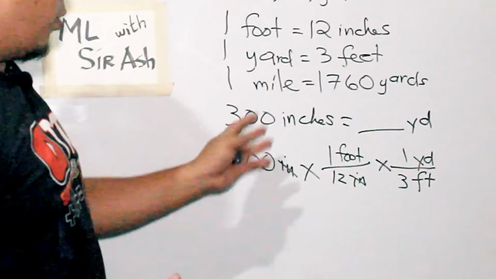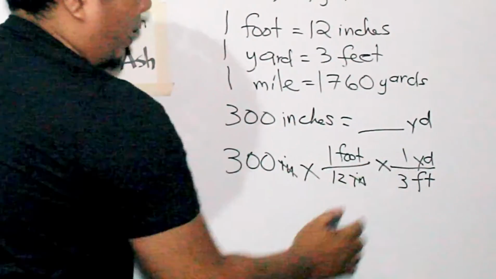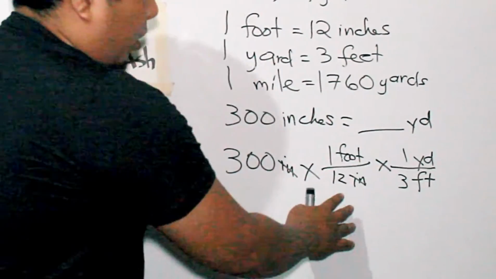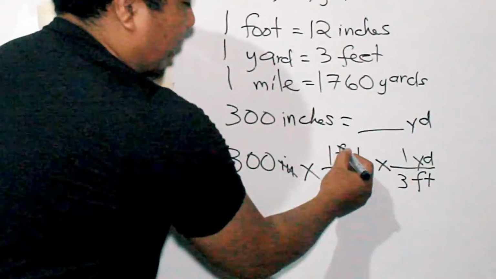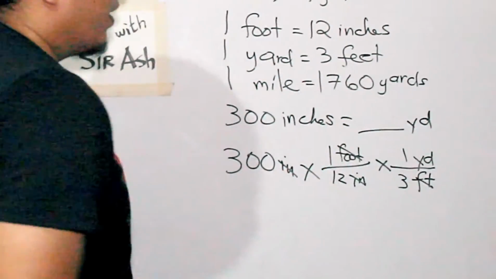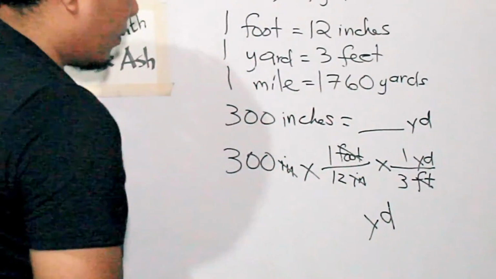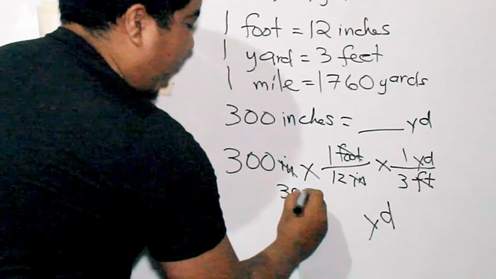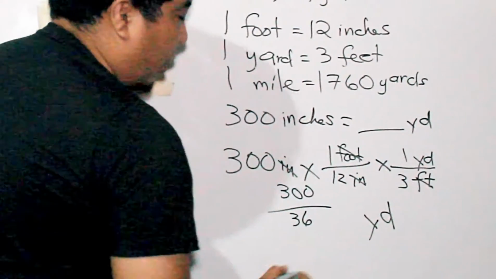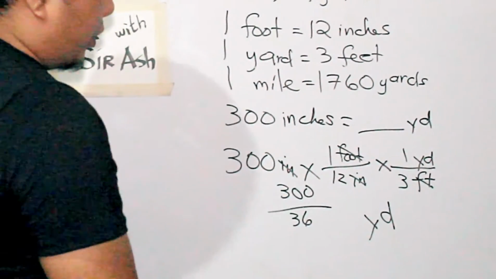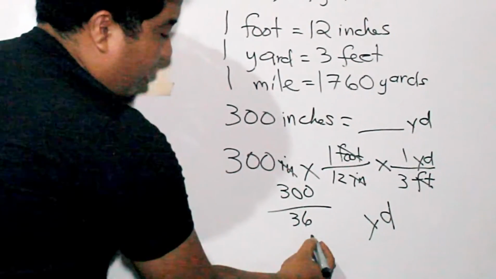That will give you 300 times 1 times 1 over 12 times 3. Basically, the foot and feet will be cancelled out, and you will have your yard. That gives you 300 over 12 times 3, that is 36. Now, if I use the powers of 6, 300 divided by 6 gives me 50.